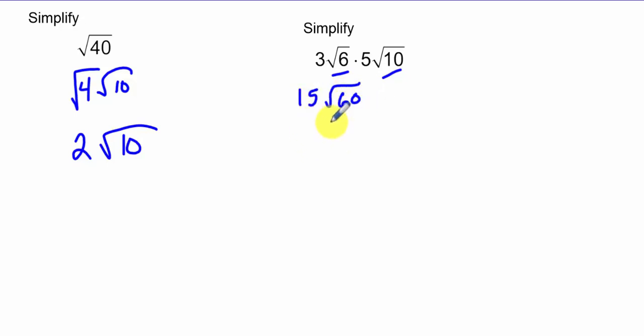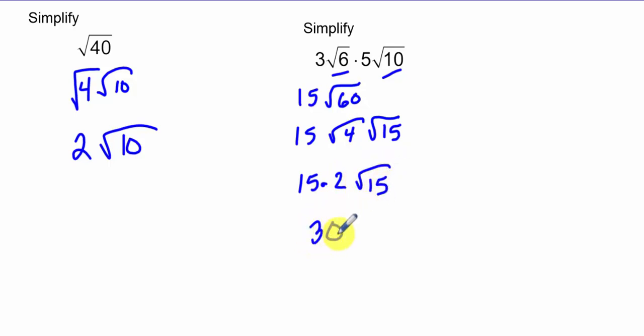That's fine, but it's not finished because I know there's a perfect square in 60. So I have 15, there's a 4 in 60, multiplies by 15, so I get 15 times 2 roots of 15, or 30 roots of 15.